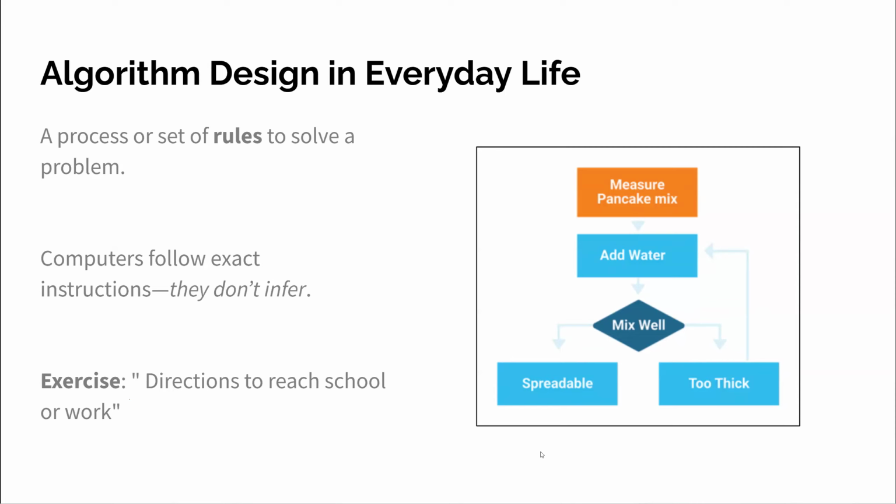But in code, sometimes you need to write an algorithm because the code is complex and you cannot remember everything in your code. You cannot remember, for instance, if it's too thick, should I add water or not? You might forget this. Of course, here you will not because it's simple.